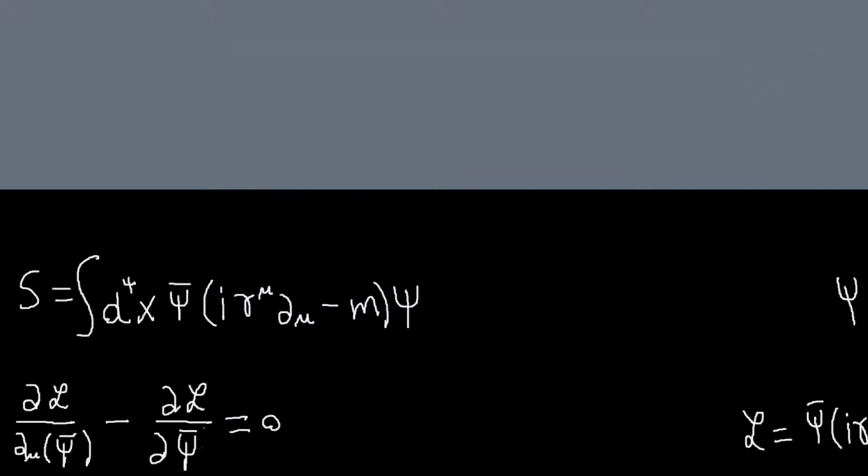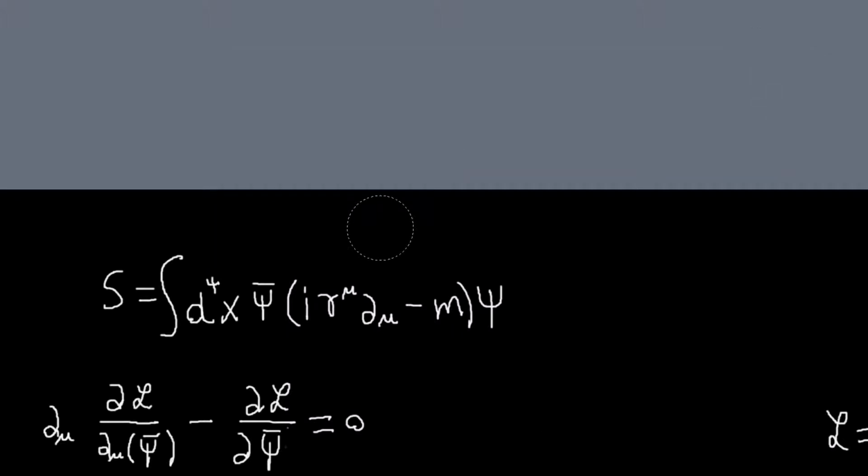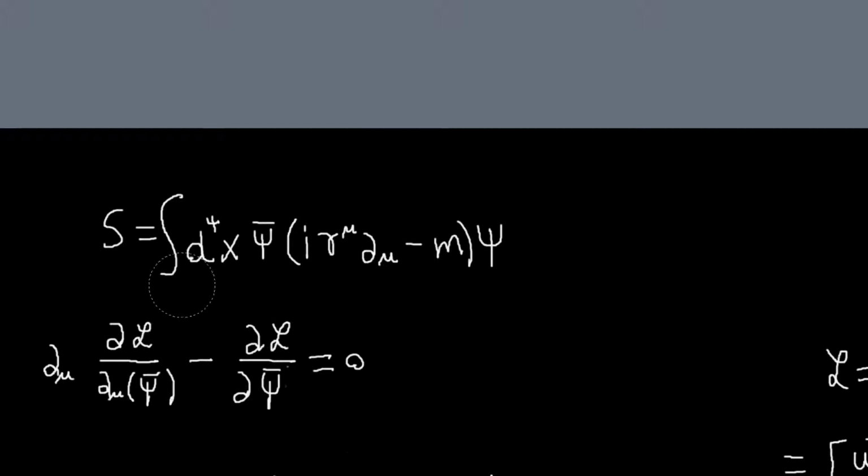Okay, so in this video, I'm going to look at just a few things about the Dirac Lagrangian and Dirac equation. If I have my Dirac Lagrangian and I find the equations of motion, it's actually the simplest equation of motion to find, because this will reduce to just the derivative of this Lagrangian with respect to psi bar.